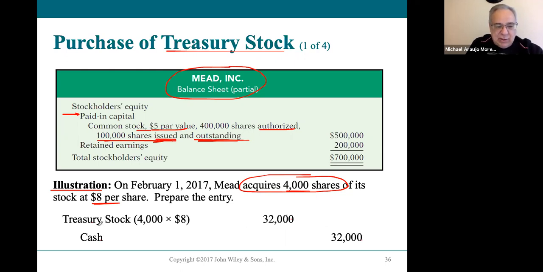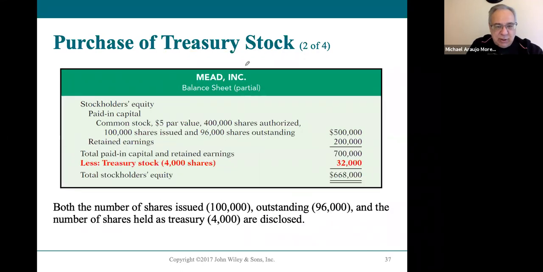So how does this treasury stock come into play? This is important. You need to know how to read this. Look at the Mead balance sheet now. We still have our common stock listed, $5 par, 400,000 shares have been authorized. We know that this company issued 100,000 shares. However, only 96,000 of those shares are outstanding, owned by the public.